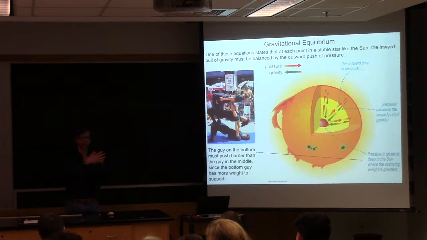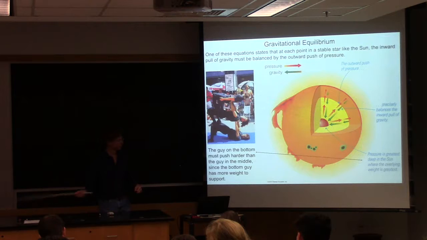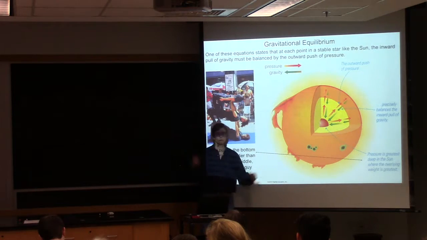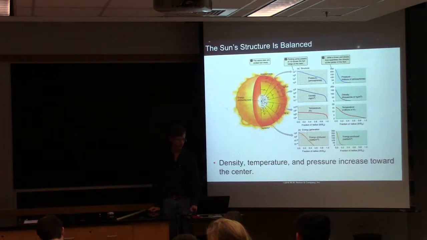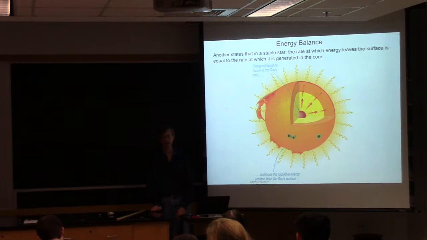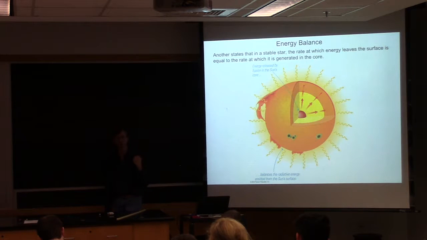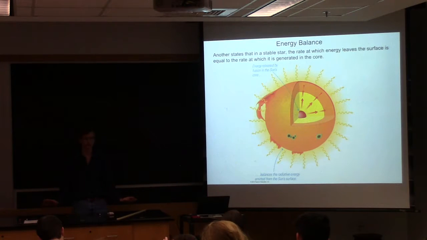There's always energy going in both directions, but the temperature goes up as you go toward the core. So at any given point within the sun, there's always more energy going out than going in, so there's a net outwards transport of energy as a result. The net flow is out towards the surface.